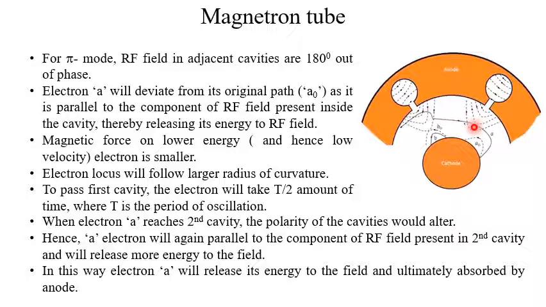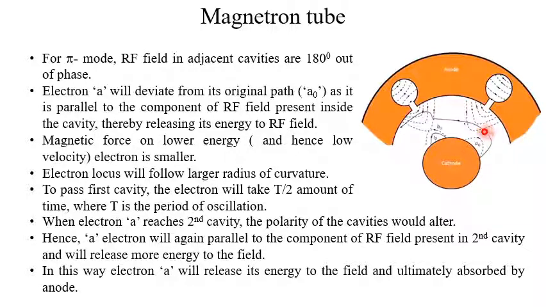Since it is losing some of its energy, its velocity will be lower. So the magnetic force on a lower energy and hence low velocity electron will be smaller, since the bending takes place because of magnetic force. So the magnetic force on A becomes smaller.